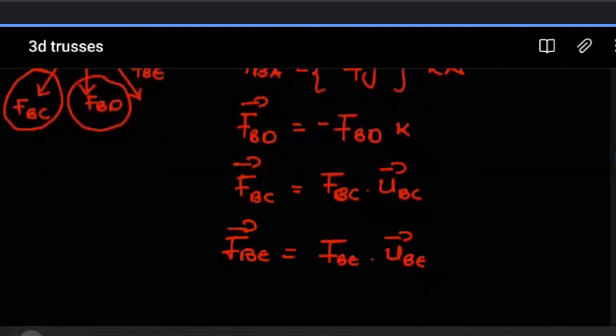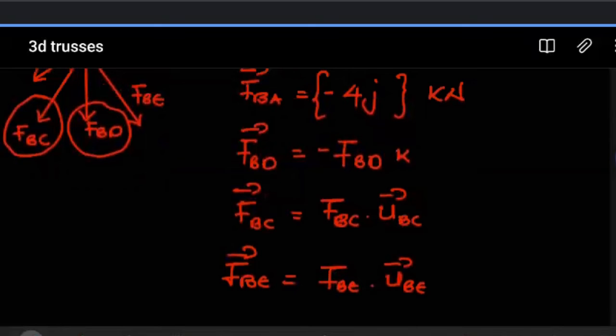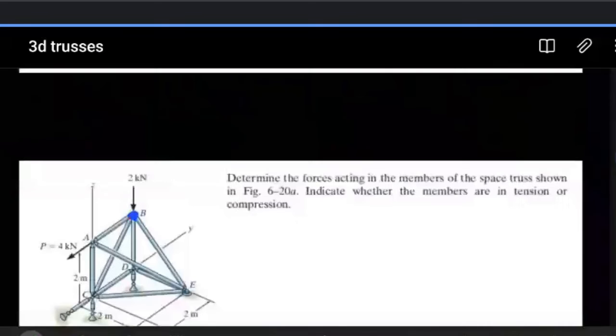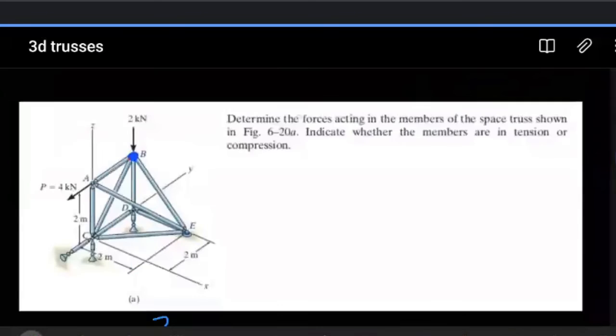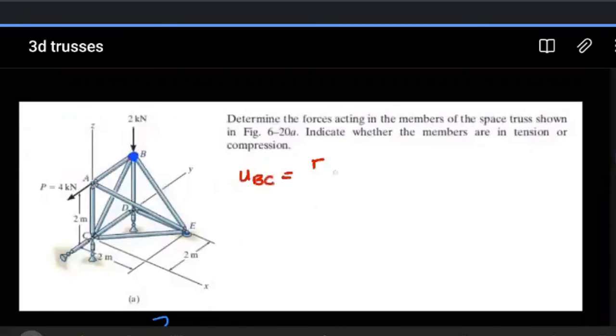So how do we find them? Let's start with FBC. How do we deal with FBC? Well, let's come to our diagram. FBC. So I want a unit vector that runs from B to C. So for the unit vector we need the displacement vector from B to C divided by its magnitude. Okay, so let's find RBC.